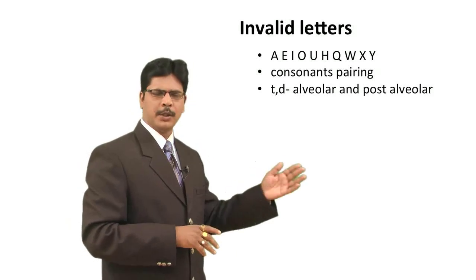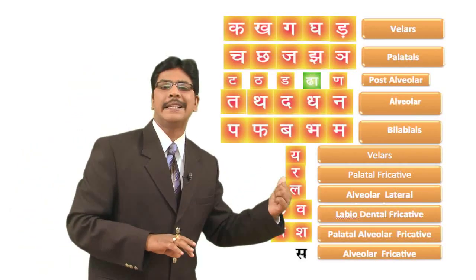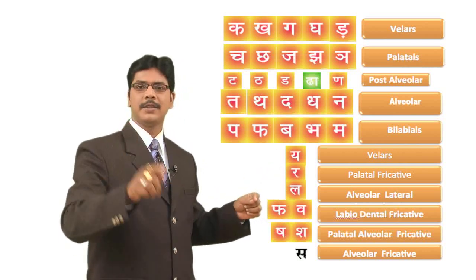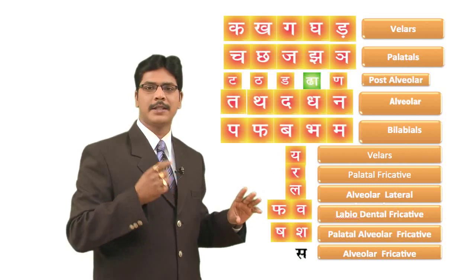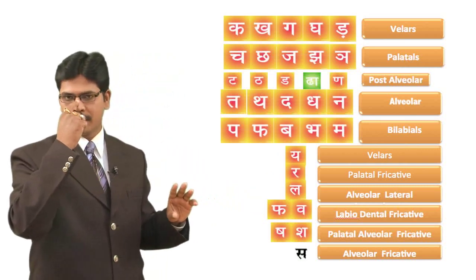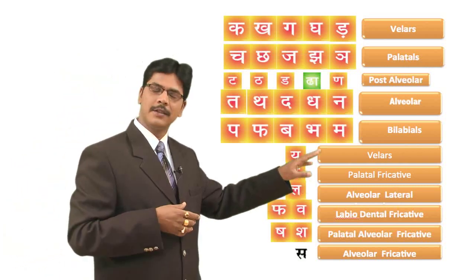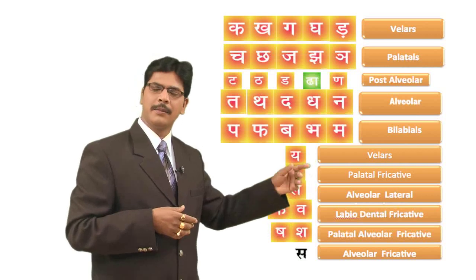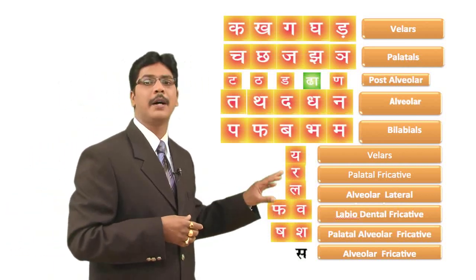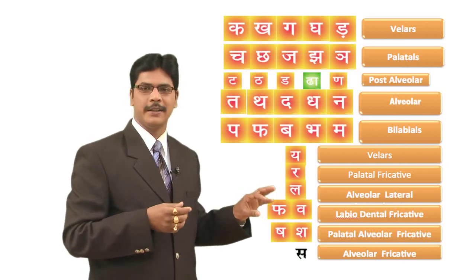Numbers 2, 3, 4 and 5 are all single sounds. Number 2 is N, an alveolar nasal. See, Ta, Tha, Da, Dha, Na. It's alveolar again, but nasal, because it's produced with the help of the nose. The vibration goes to the nose. Number 3 is again a single sound, the bilabial nasal, M. You say Ma, and there's a vibration in the nose again.